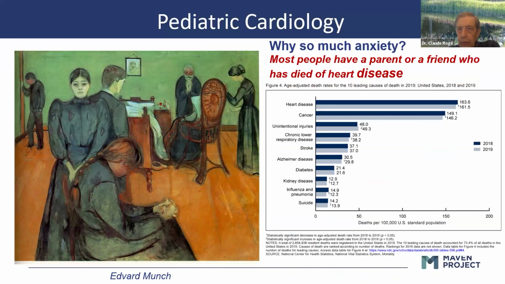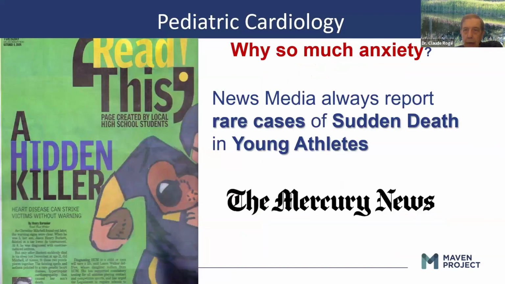So most people have a parent or a friend who has died of heart disease. The other reason is that news media always report the rare case of sudden death in young athletes. This was a report in the Mercury News. It's very rare, but people are going to be aware of it.